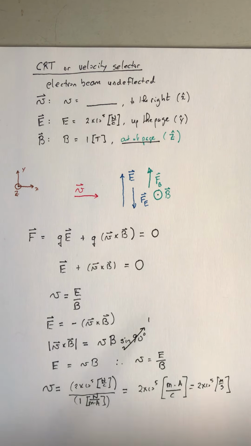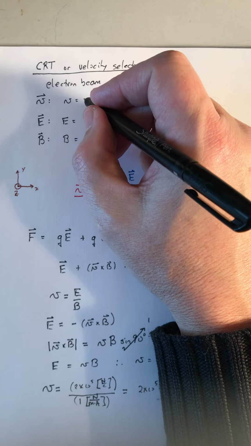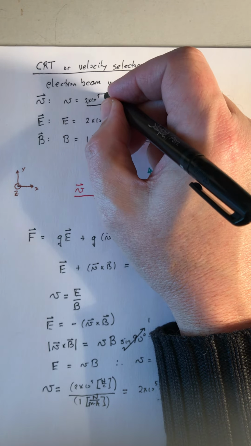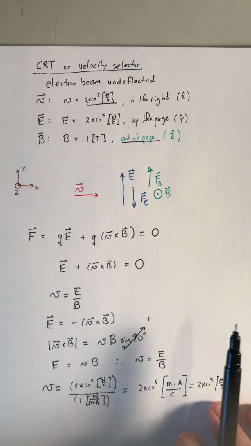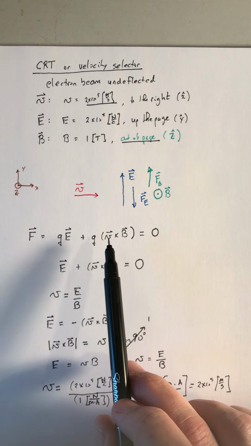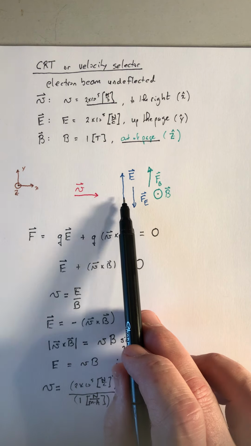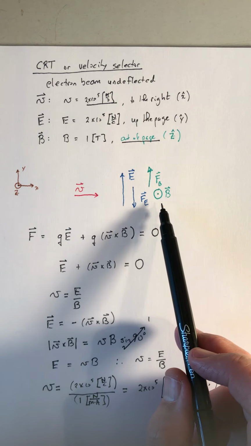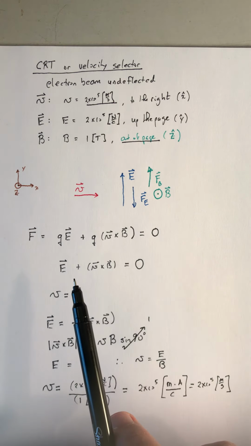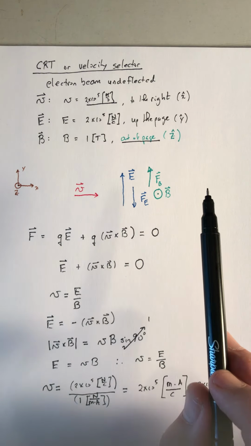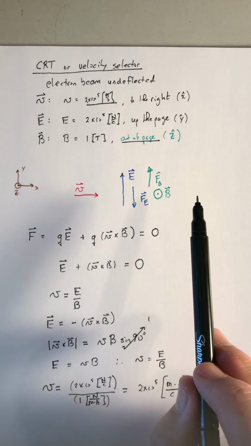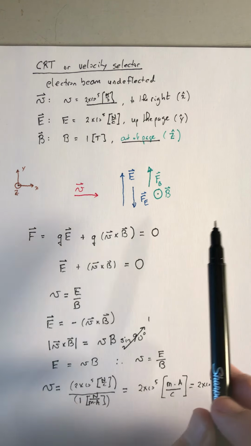In terms of a cathode ray tube, the way you would make a picture is you could cycle through charge on the capacitor to vary the electric field, or charge in loops of wire that are making the magnetic field, and steer this beam of electrons to address all of the different phosphor dots along a screen.